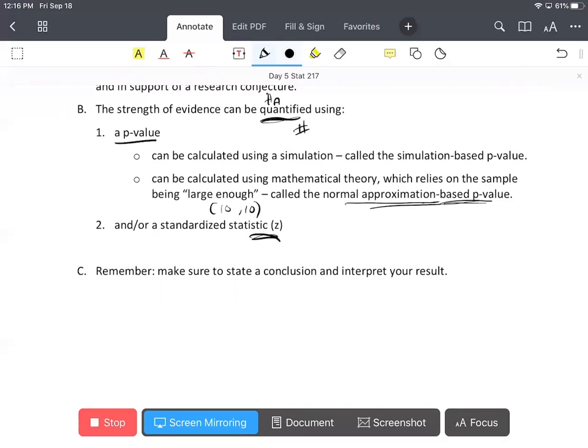Now remember, in statistics, we need to state a conclusion, interpret our results. You can't just state a number unless it just asks on an exam, like, give me the z-value. Well, you give the z-value, fine. You don't need to give anything else.